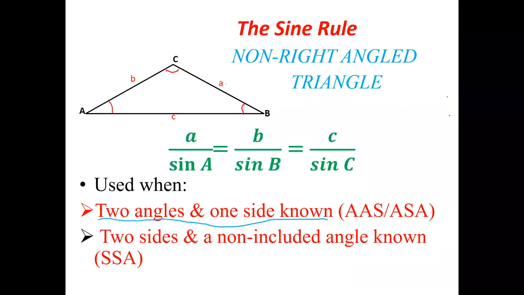Because if I have my formula as sine A divided by a is equal to sine B divided by b, and I have two angles, like angle A and angle B, and one side, let me say a, I can find side b. We also use the sine rule when I have two sides and a non-included angle.